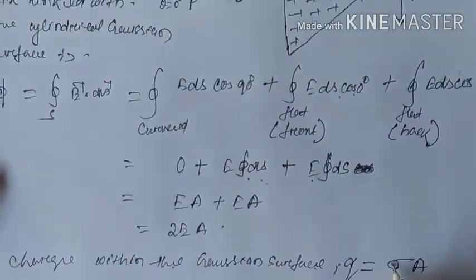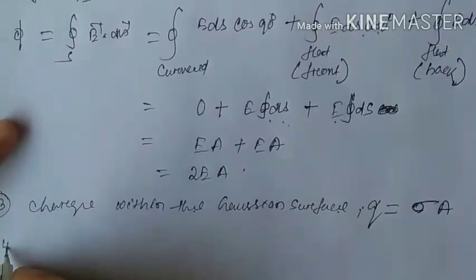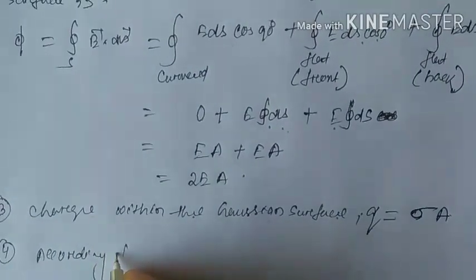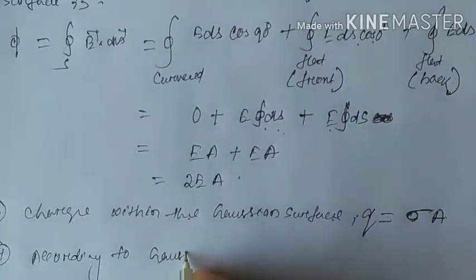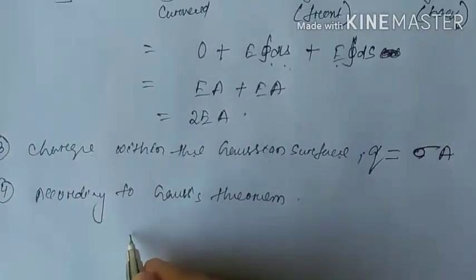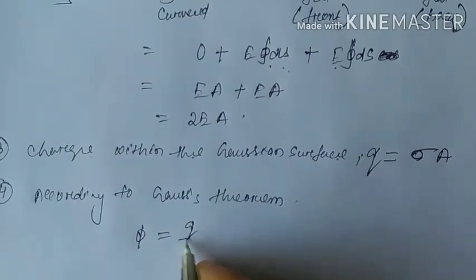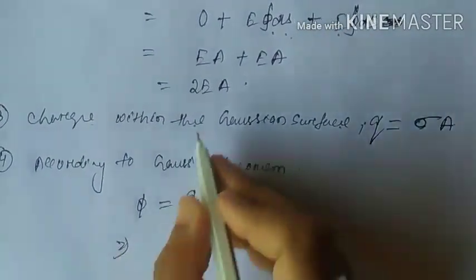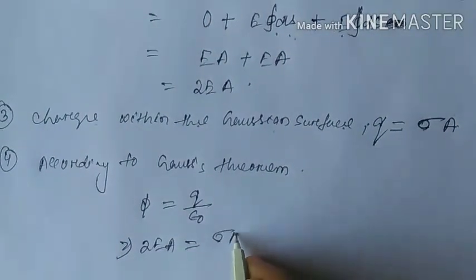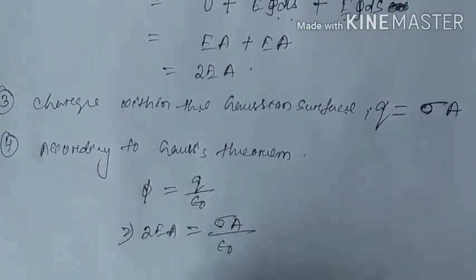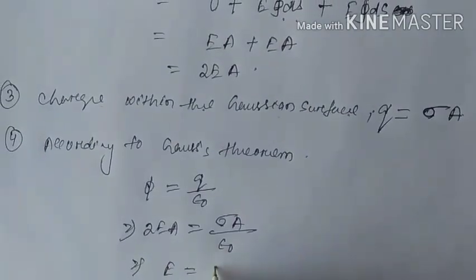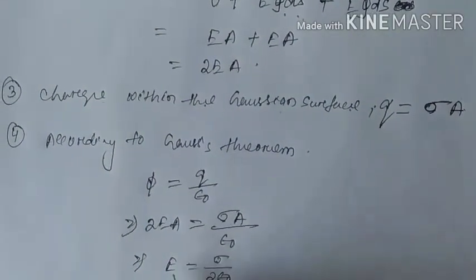Sigma into A. Yes or no? Therefore, the next step we can apply Gauss theorem. What can we write? We can write phi is equal to Q by epsilon naught, or phi we already calculated, that is 2EA, is equal to Q, meaning sigma A divided by epsilon naught. A gets cancelled, then we will get E is equal to sigma by 2 epsilon naught.